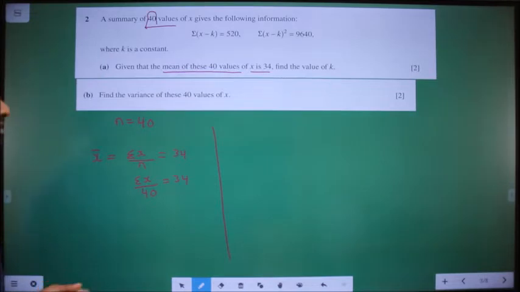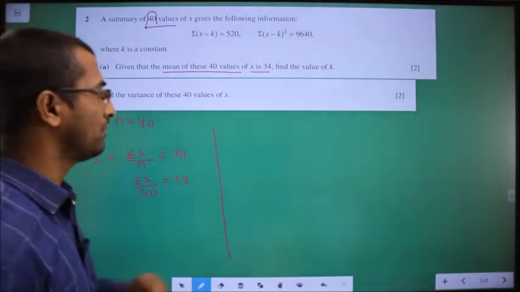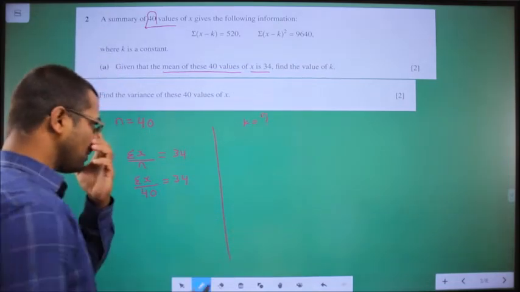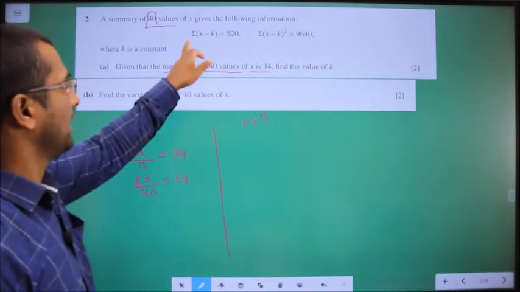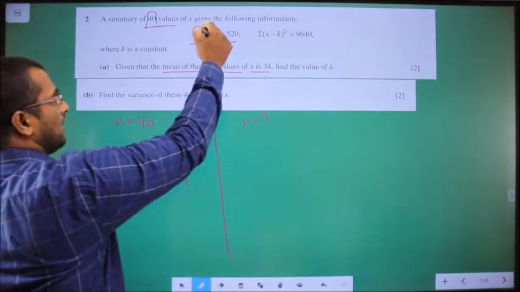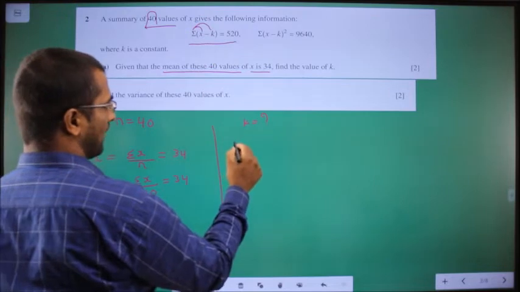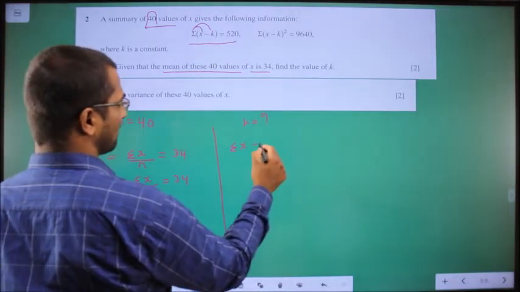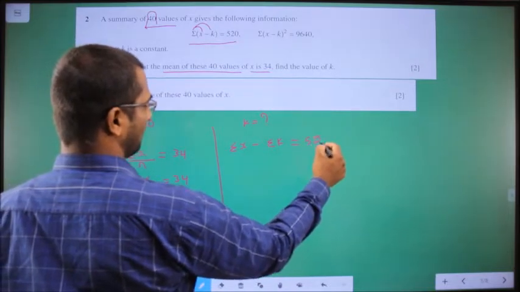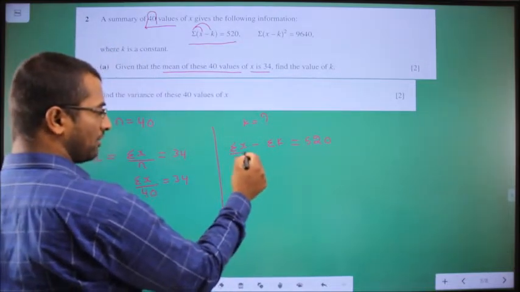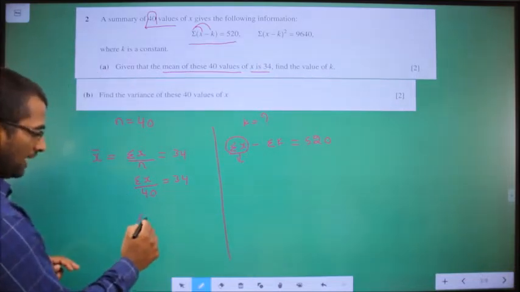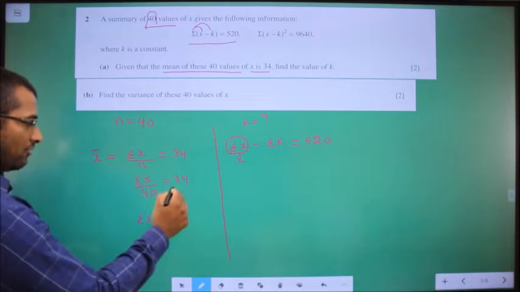Now continue. Find the value of k. To get k, I need to expand this. How do I expand? Apply summation to each. So that will result in sum of x minus sum of k is equal to 520. Now how do I get sum of all the values of x? From here, send 40 to the other side.